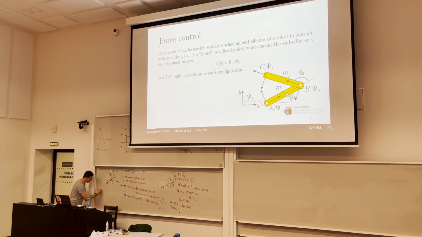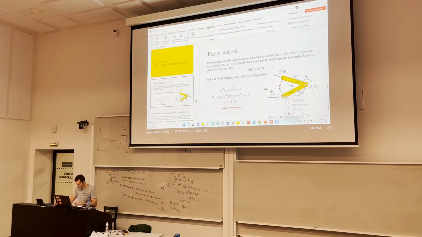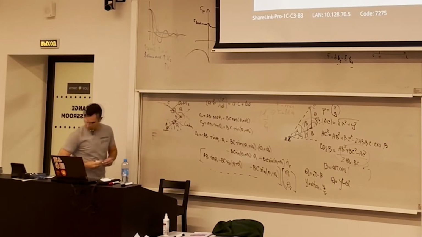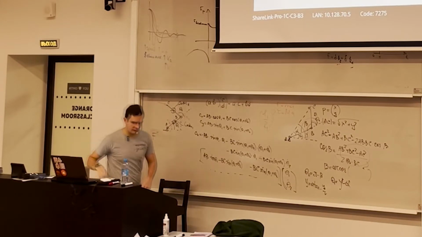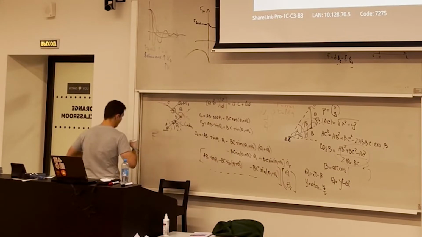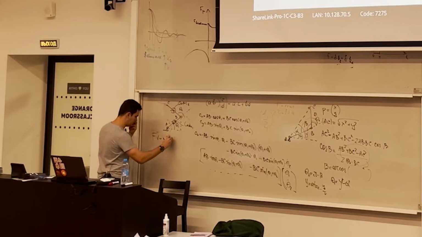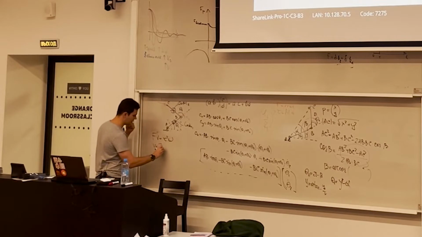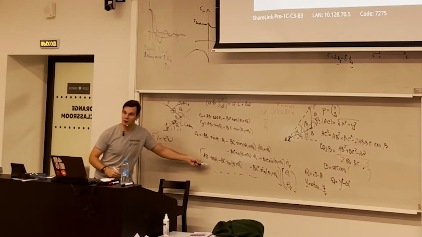Now we know that velocity actually equals Jacobian times angular velocity. Do you agree? Force transpose times velocity equals tau transpose times angular velocity. We know that velocity equals Jacobian times angular velocity. We just considered this thing.